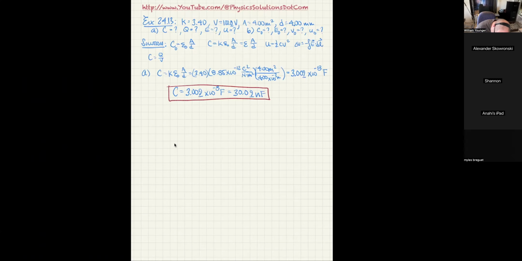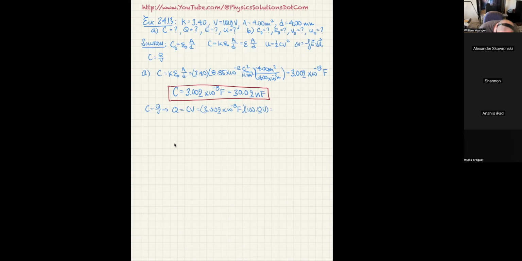Now we know the capacitance. The next thing we want to figure out is what is the charge? Well, we know the charge is given by C equals Q over V, which gives us Q is equal to CV, which equals 3.009 times 10 to the negative 8 farads times 100.0 volts.